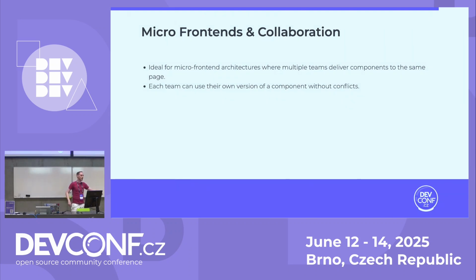And what they want to do is use version 5 of your design system because they really, really want that new feature. Only problem is both design systems have the same tag names, right? Well, with scoped custom element registries, that team can have their registry, this team can have their registry, and everyone gets along nicely.